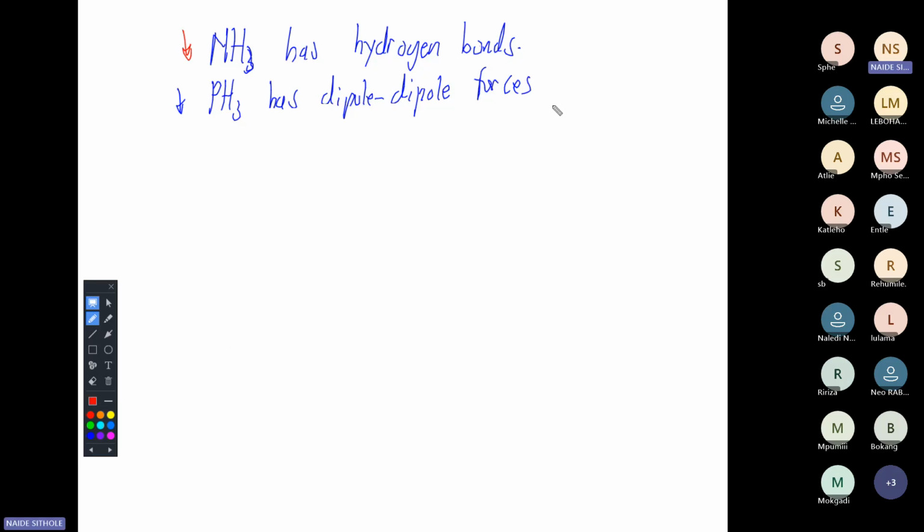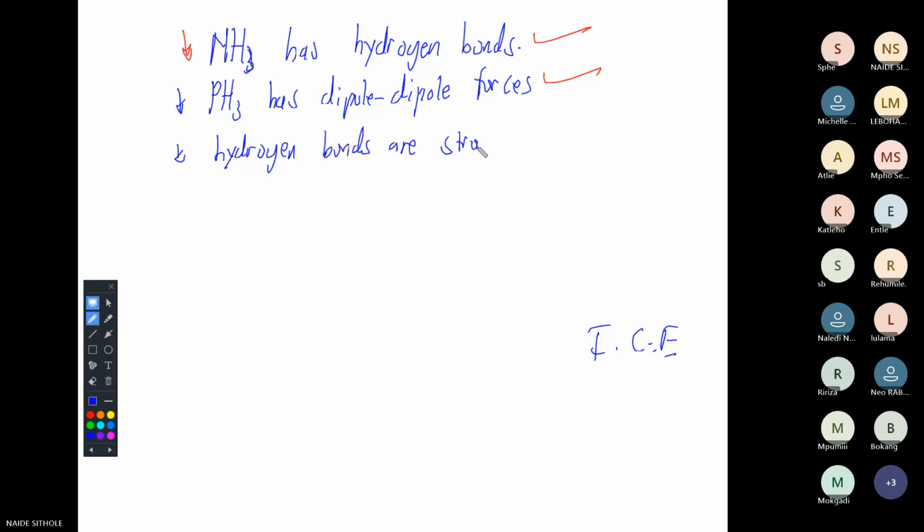Now, because we have identified 2 different intermolecular forces, they are supposed to give you a mark for each one of them. So even if we have ICE, which is like 3 points, it's still going to make up 4 because this one is already 2 marks. Then we're going to say hydrogen bonds are stronger than dipole-dipole forces.